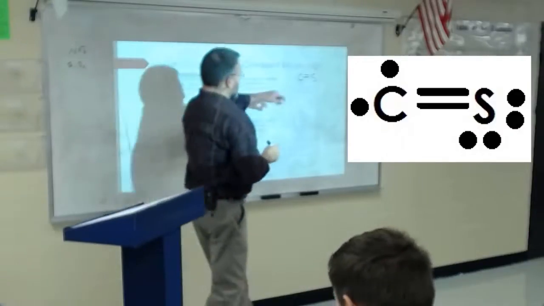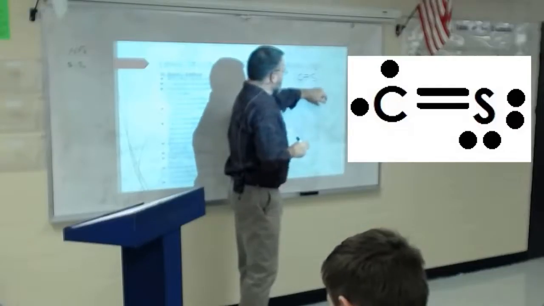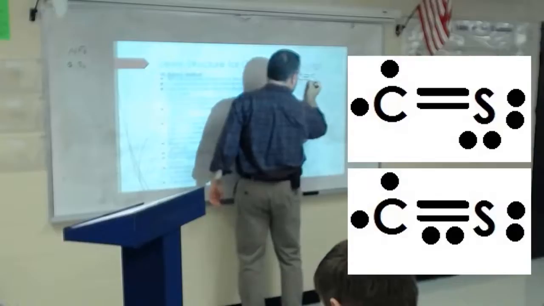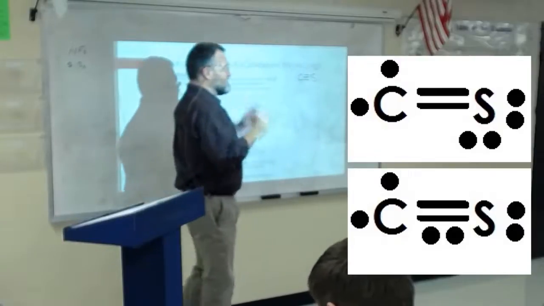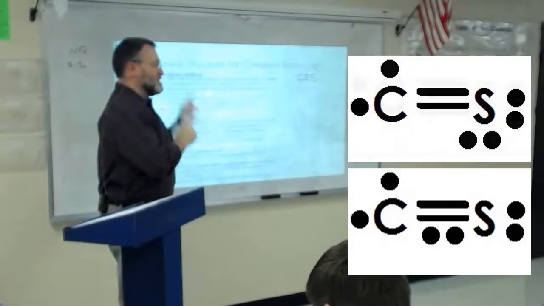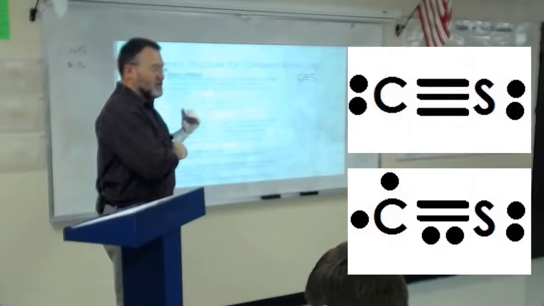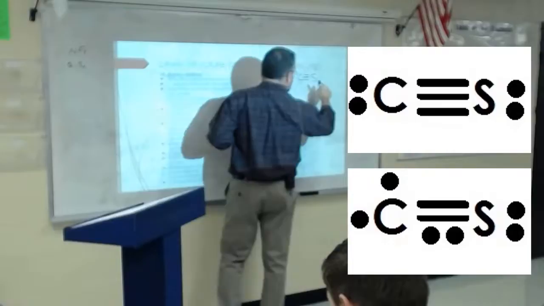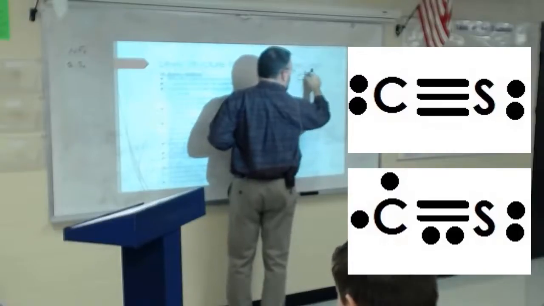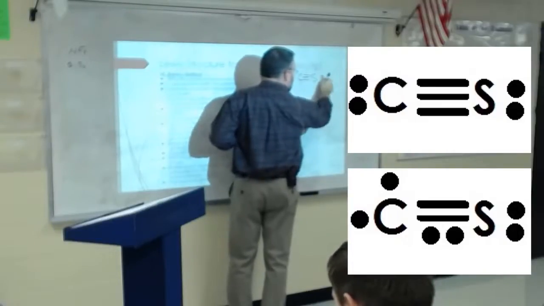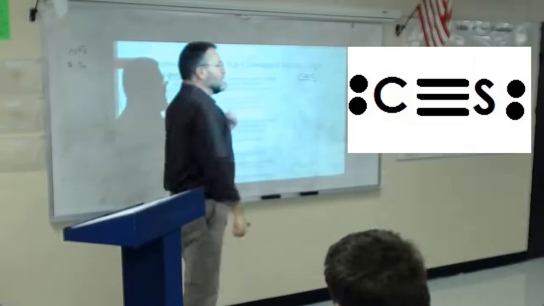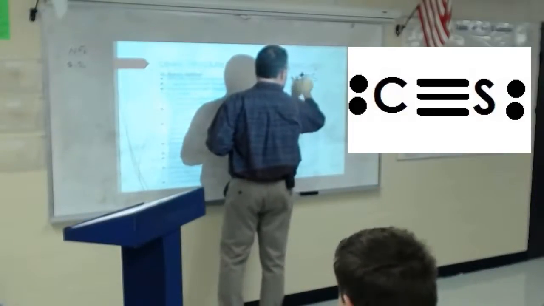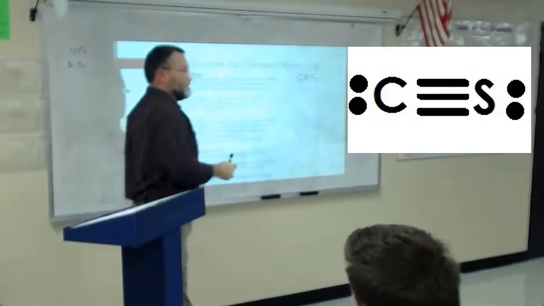So, if I take 2 electrons from sulfur and form a bond, sulfur hasn't lost any electrons, but carbon has gained electrons. You see that? So sulfur still has 8. Carbon now has 8. Octets are full.